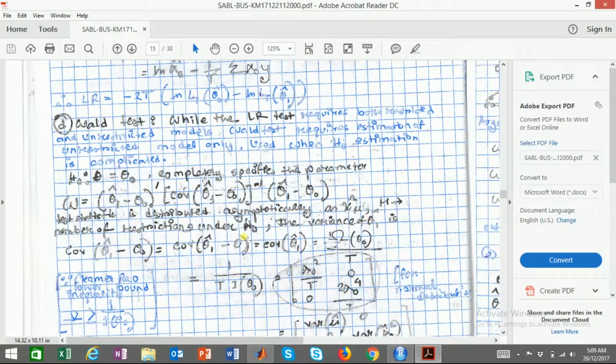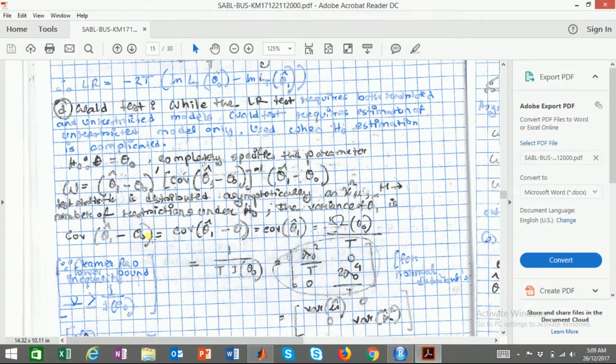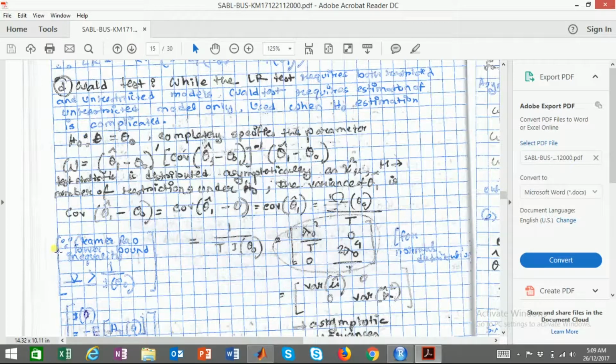The variance of theta 1: we are taking the covariance of theta 1 minus theta naught. Proceeding forward, the true population parameter is theta naught. It becomes simply the covariance, which is represented by omega theta naught divided by t.